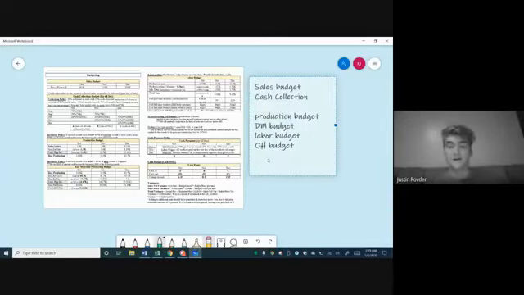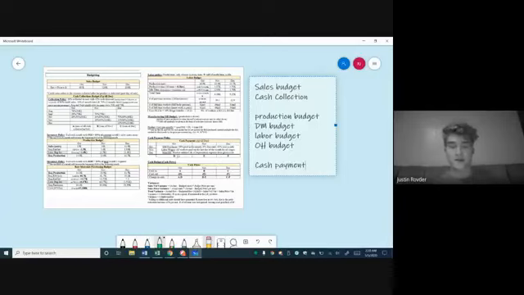Once we have the costs, then we can write out a cash payment budget. This is the opposite of the cash collection budget, whereas in cash collection, we're collecting cash, in cash payment, we're paying cash. And in the same way, you don't always pay for your expenses the month you incur them. So let's say you bought direct materials, you may only have to pay for half of it that month and then the other half the next month.